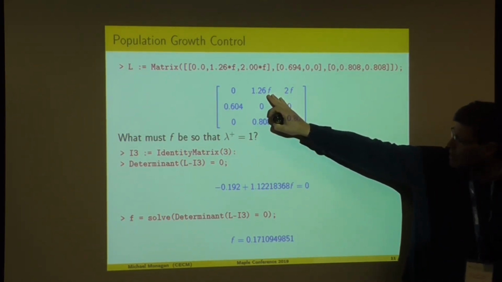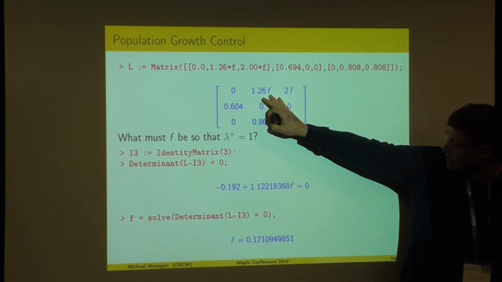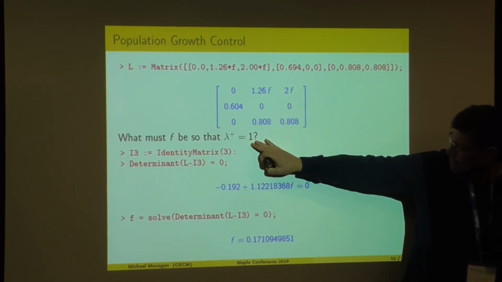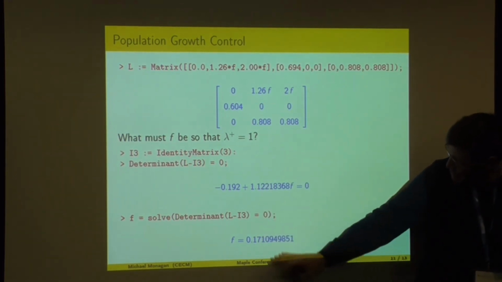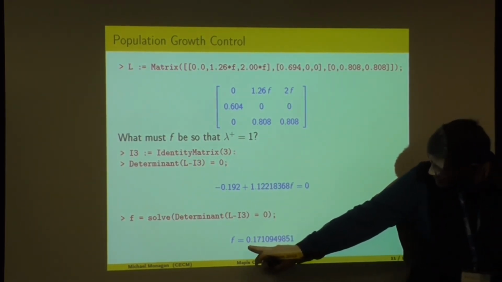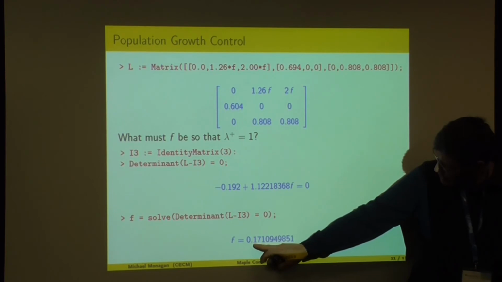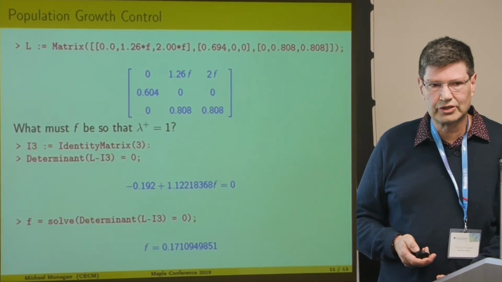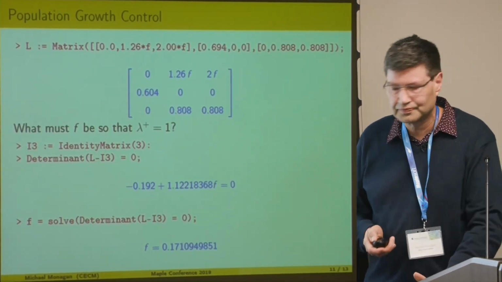So what must this change to force the dominant eigenvalue to be 1? And they can run the same experiment and get an answer, and the answer is it's got to drop from 100% to 17%. So again, a drastic reduction for this model.